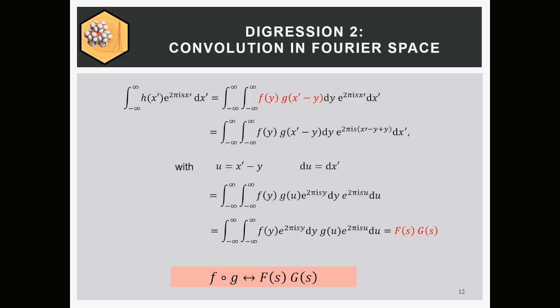If you want to convolute two functions, then in Fourier space you just have to multiply these two functions, and then you do the back transformation, and you have the function you want. Just keep this in mind. This is actually how Topaz works in many instances. So remember, convolution in Fourier space is much easier, and depending on the conditions, you do it either numerically in real space or do the whole thing in Fourier space.